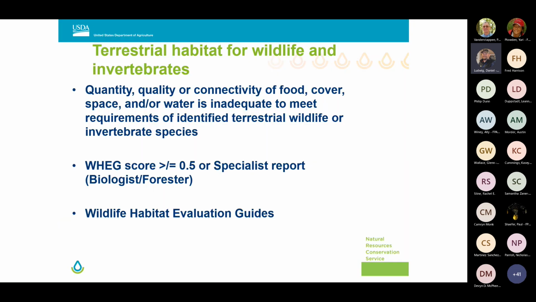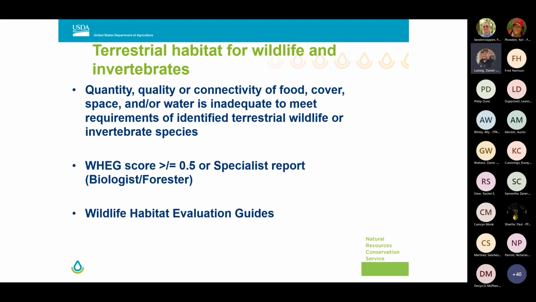Terrestrial habitat for wildlife and invertebrates. Okay, this may not be a big concern for that producer, but again, we do have clients that are interested in it. And typically, what we're using is our wildlife evaluation guide. So we have some of those developed for every land use, and essentially, if your overall score is 0.5 or greater, that's an indication that that resource concern is being met.